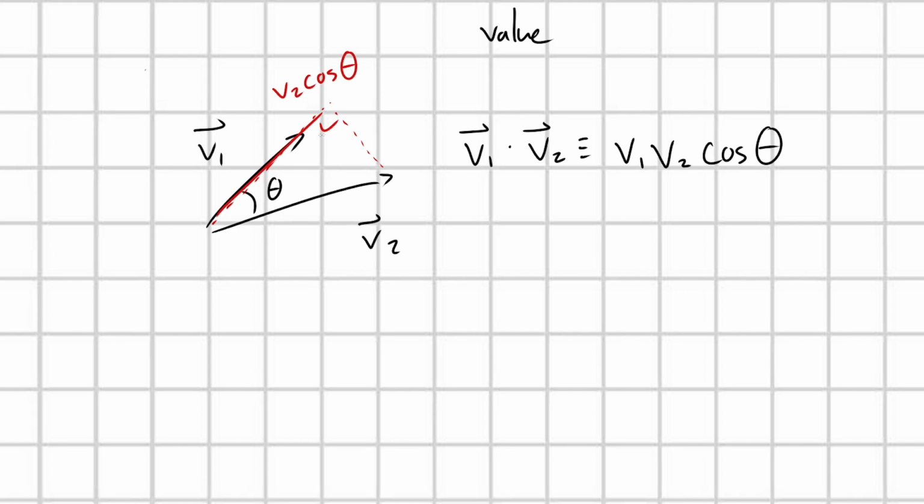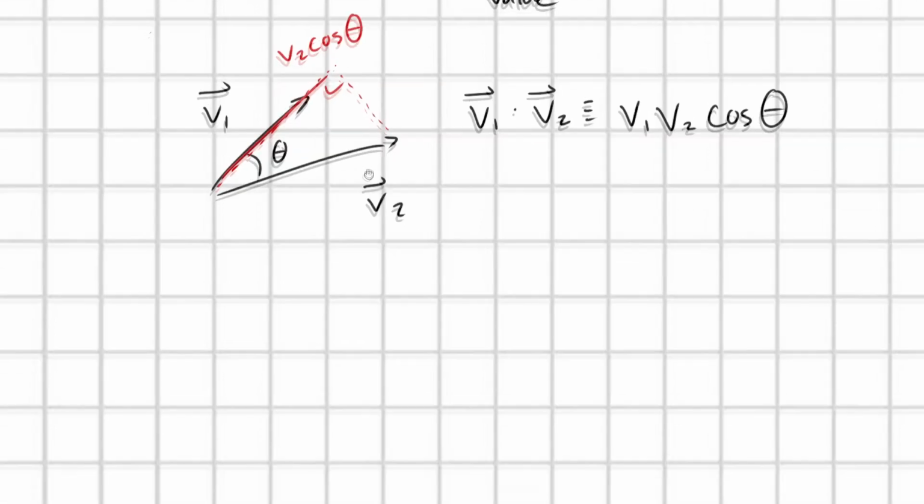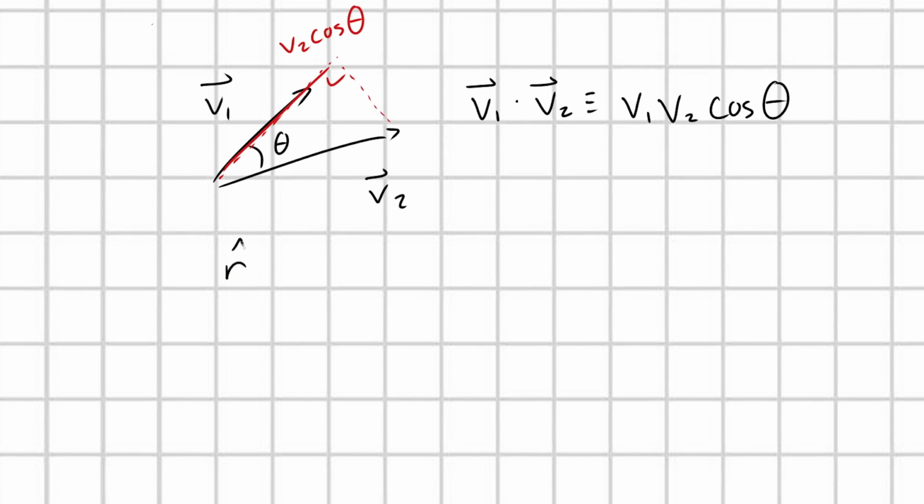Ultimately we have this operator that's multiplying the components of vectors that point in the same direction. Now in physics, typically we express our vectors v1 and v2 in terms of basis vectors, correct? That's what we focused on in the second video in this series. We focused on coming up with nice basis vectors for polar coordinates, r hat and theta hat, and we came up with these in terms of x hat, y hat.